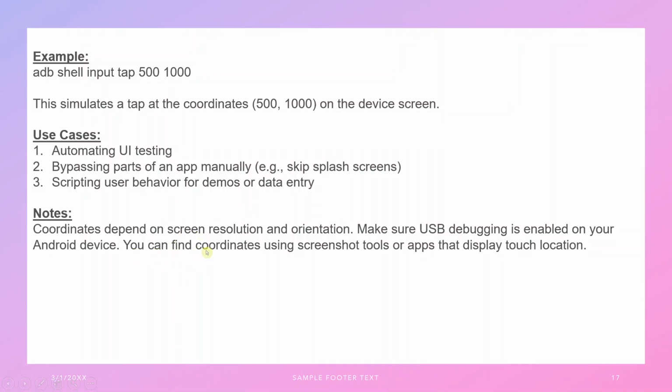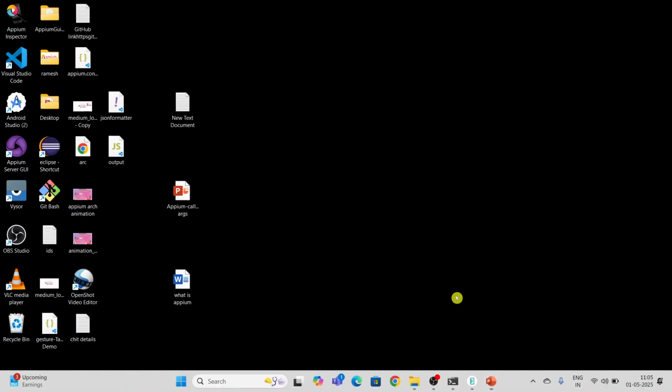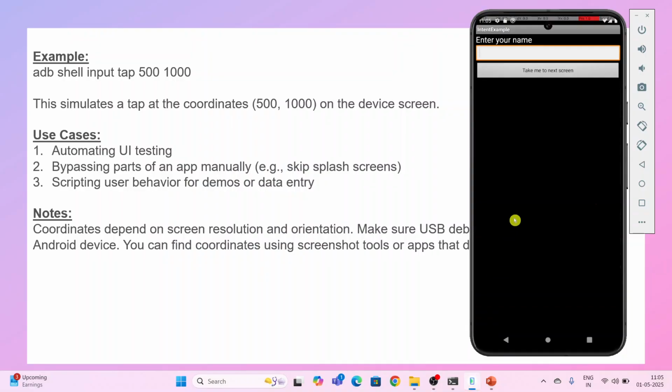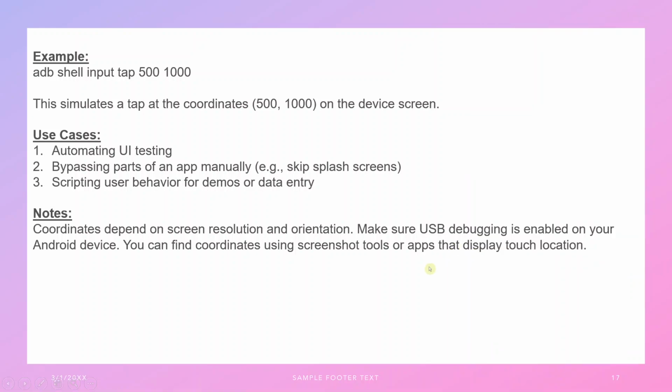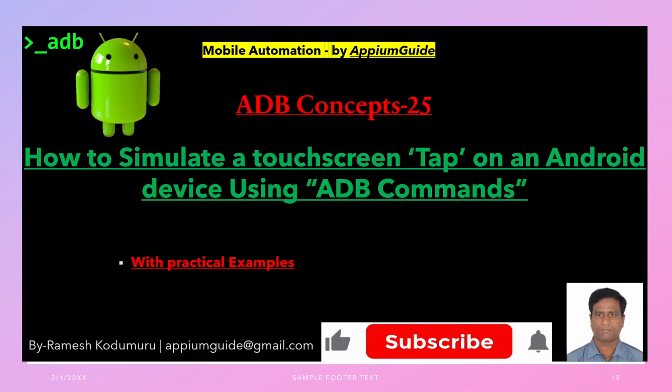You can find the coordinates using screenshot tools or apps that display the touch location. What exactly we have done is enable show taps and pointer location in the settings, so we could know the X and Y coordinates. This is how we can perform the tap gesture on an Android touchscreen by using ADB commands.